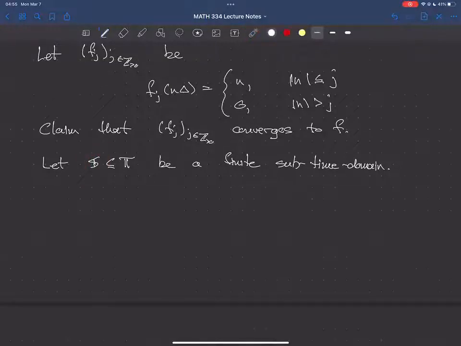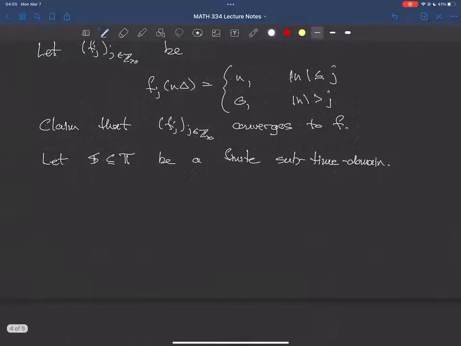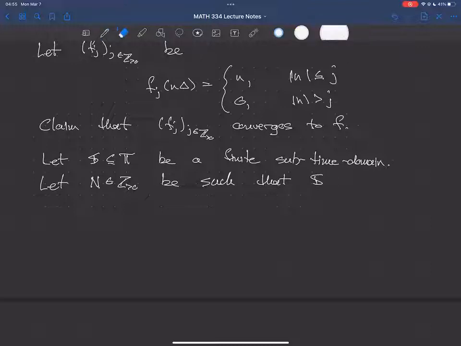So I'm going to let n be such that S is contained in minus n delta to n delta. I can always do that for large enough n.